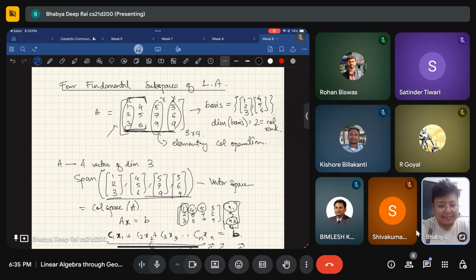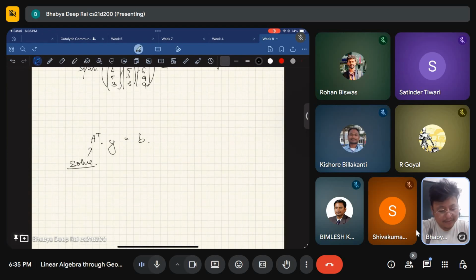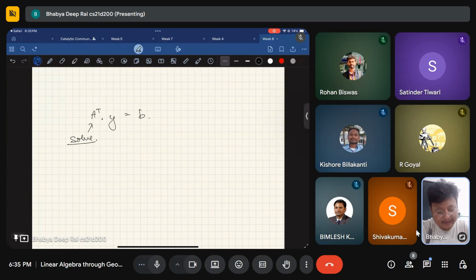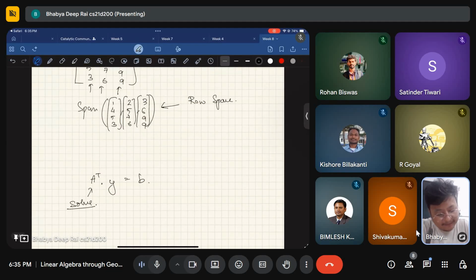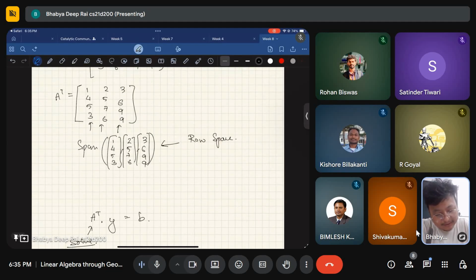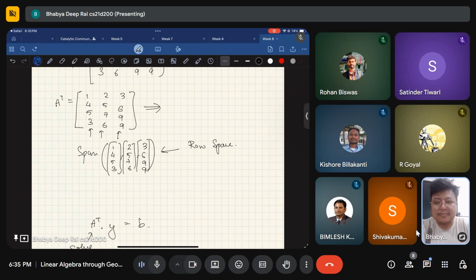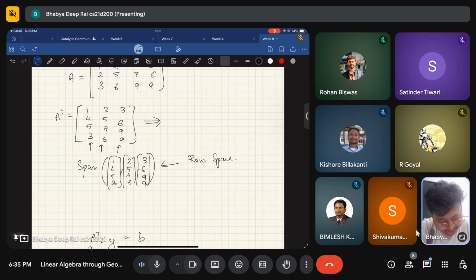Now let's do a check here. Let's try to find the linearly dependent columns. Can you find the linear dependence, or should we do Gaussian elimination?